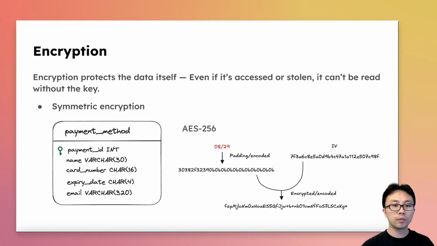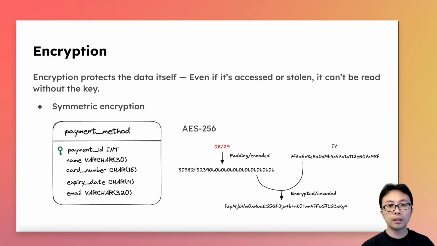For example, think about how an expiration date August 2029 is encrypted using AES 256. First, the 4 characters, 0829, need to be padded and encoded as a set of 16-byte blocks of data.